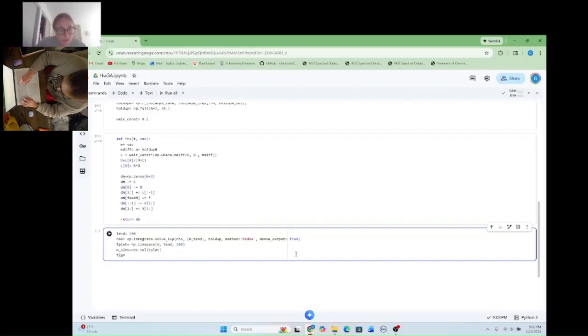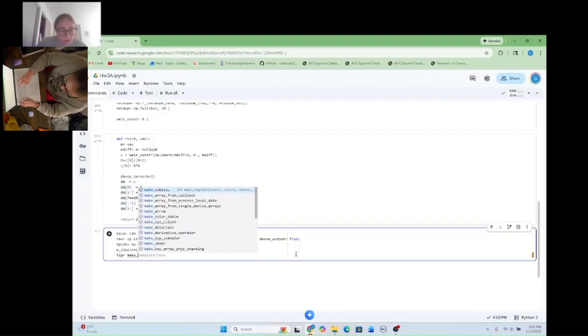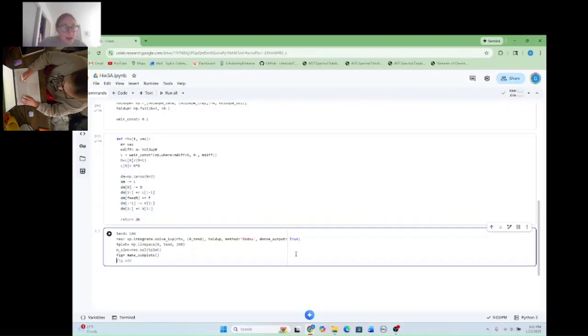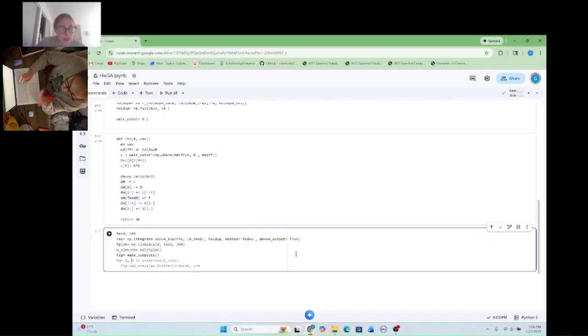So fig equals make_subplots. And then after that, we have a for i. So this is where you get something that's different. So we do for i, and then you're going to put, so we have our solution here as m_sims.